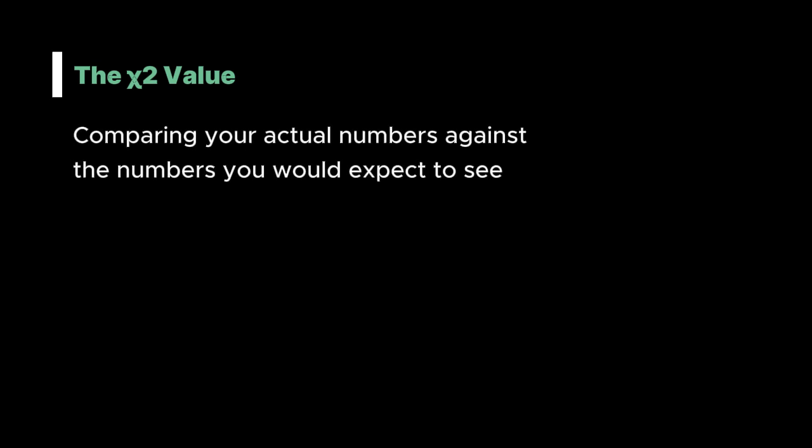The core of the test is comparing your actual numbers observed against the numbers you would expect to see if the null hypothesis, no relationship, were true. Expected count. This is what this box should contain if the variables were completely random, unrelated.